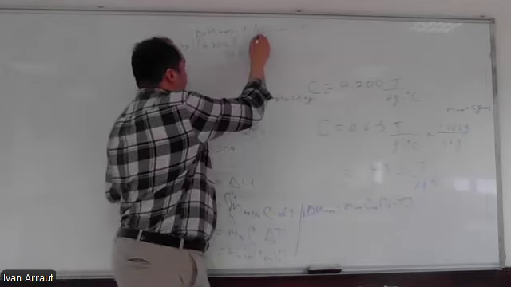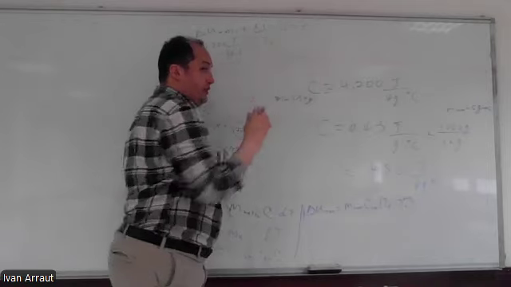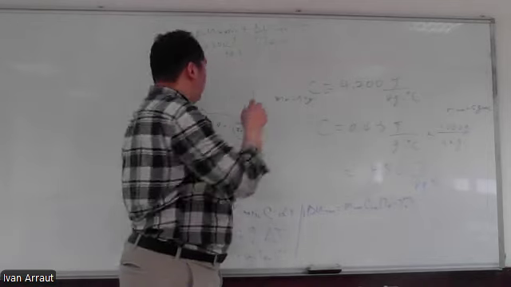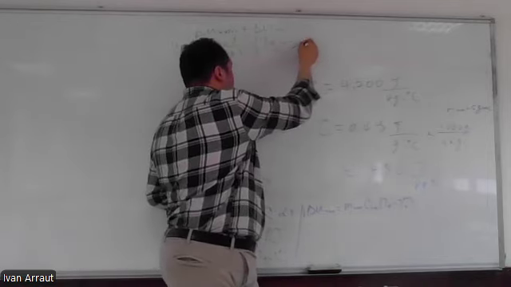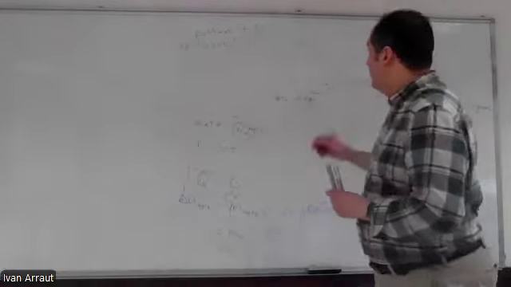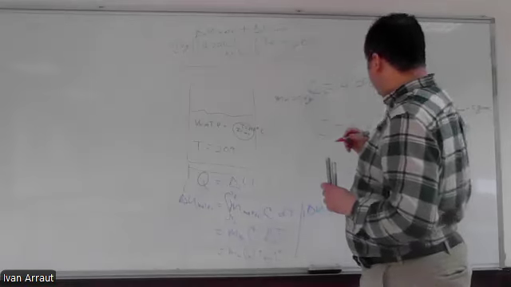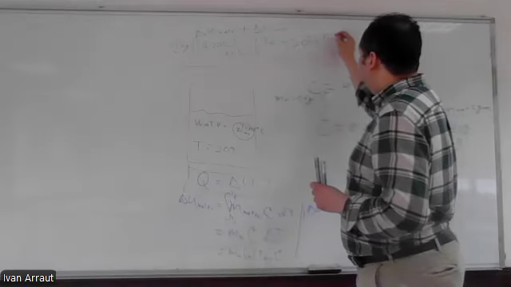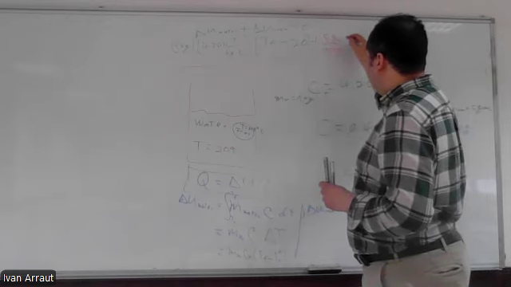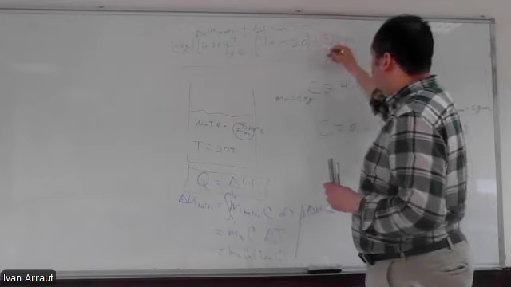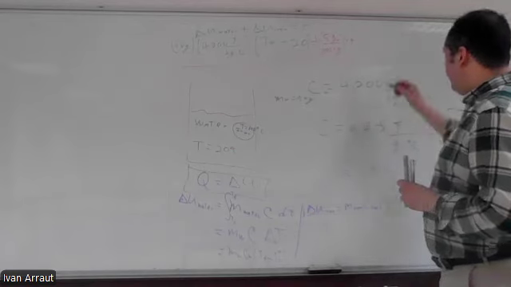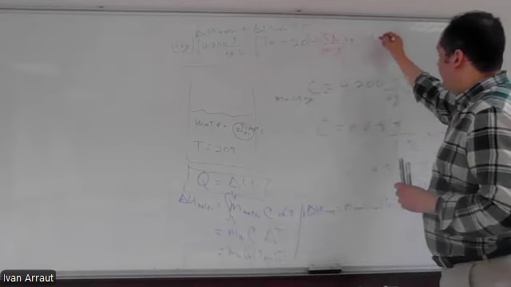Change of temperature is final temperature, which I don't know what is, minus initial temperature, which is 20 degrees, plus 5 grams divided by 1,000 for converting to kilograms, multiplied by the heat capacity of the iron, which is 450.